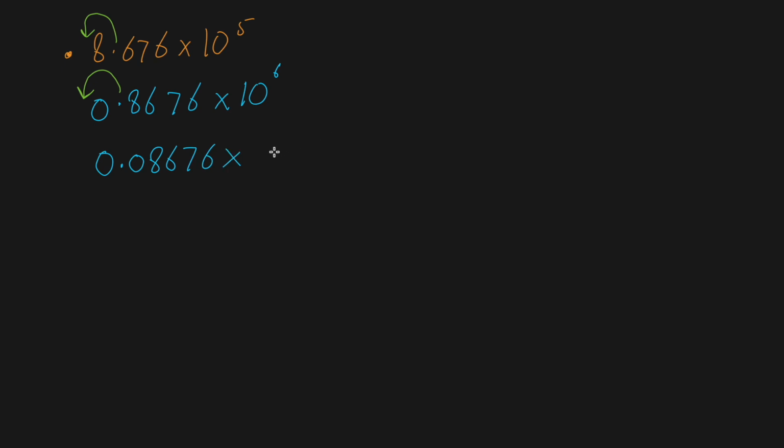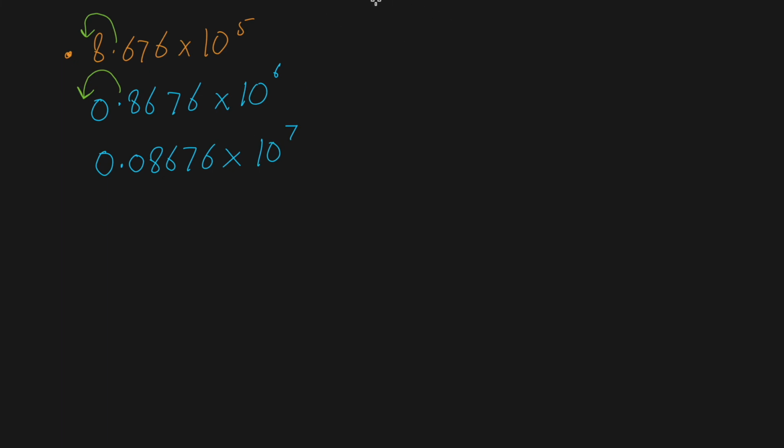So again, I moved only one digit to the left, increase plus 1, 7. So that's how you can tweak the scientific notation for your own needs. In the next video, I'll talk about arithmetic operations. So for the sake of that video, I'm trying to explain it to you guys.